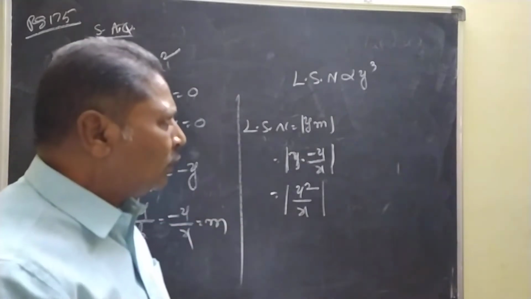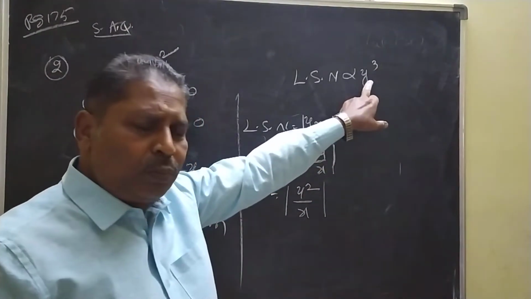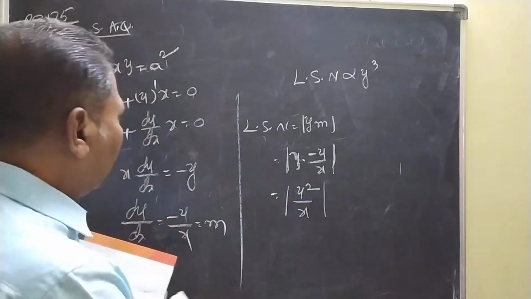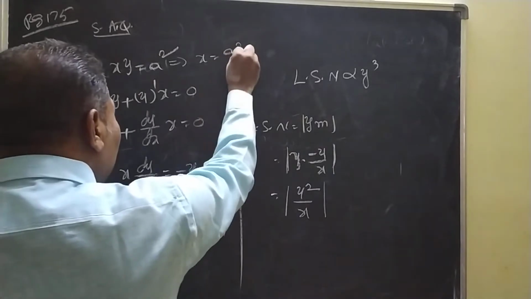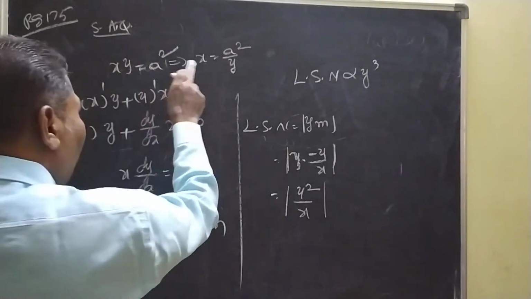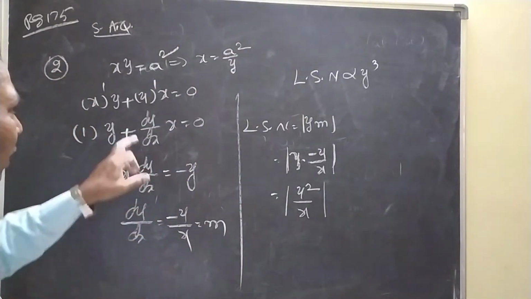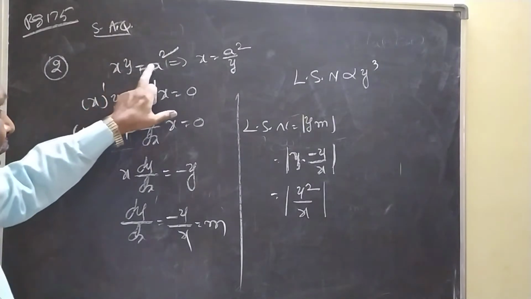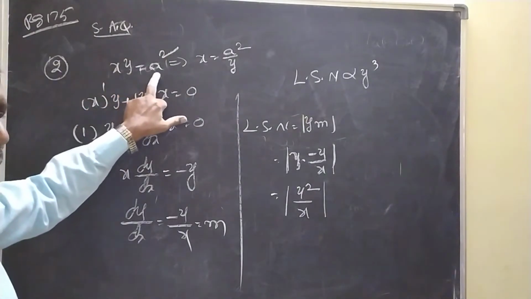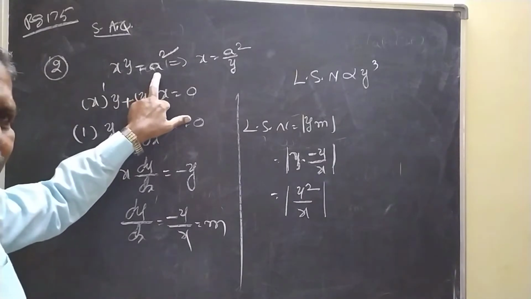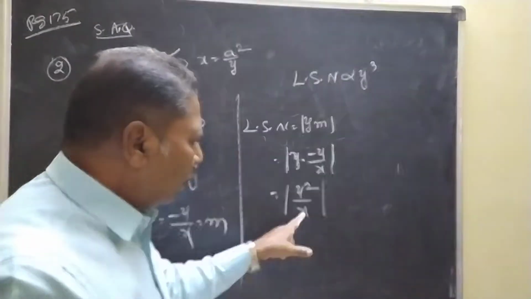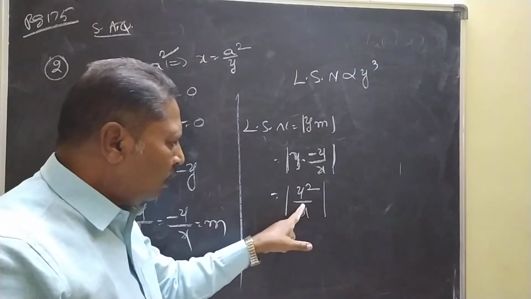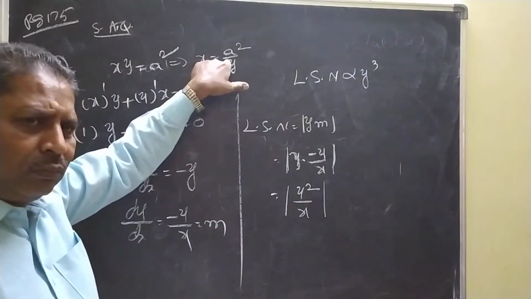But we want y cube. From given equation, x value is a square by y. So remove this x by using this value.